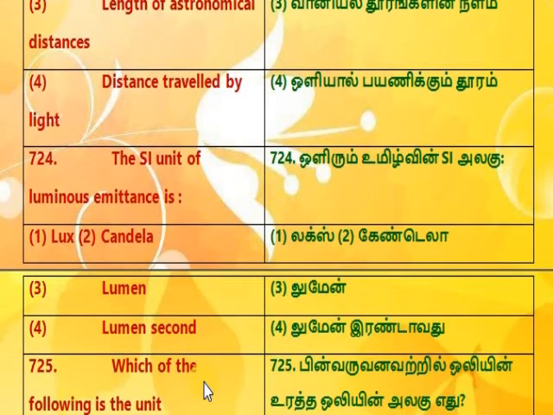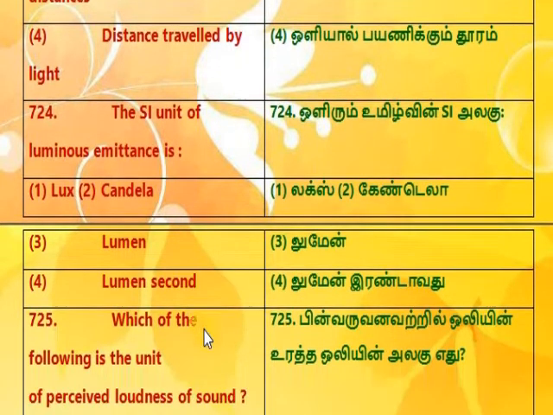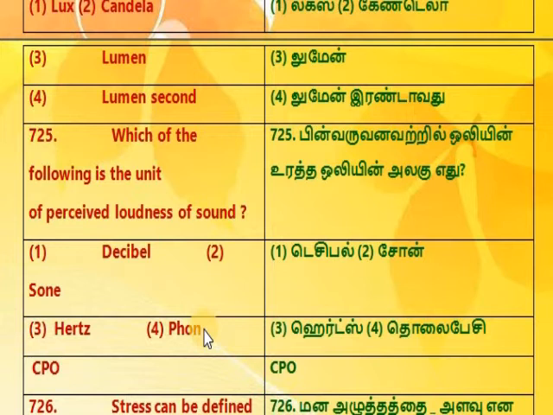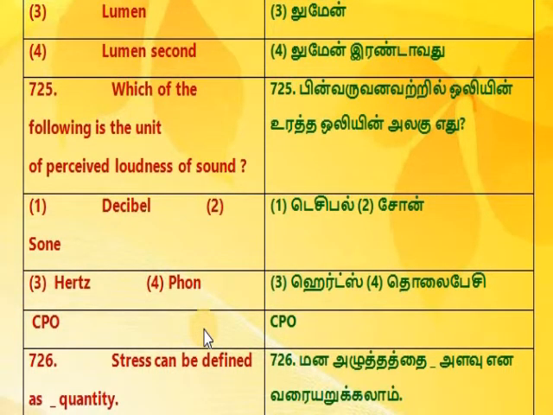The SI unit of luminous emittance is 1. Lux. 2. Candela. 3. Lumen. 4. Lumen second. 725. Which of the following is the unit of perceived loudness of sound? 1. Decibel. 2. Sone. 3. Hertz. 4. Fon.